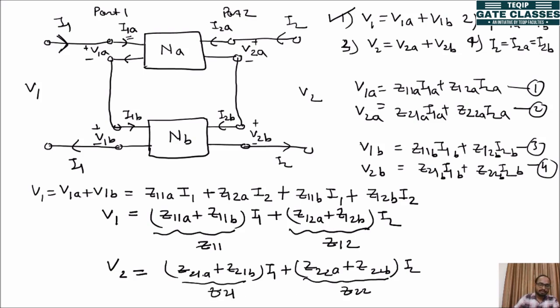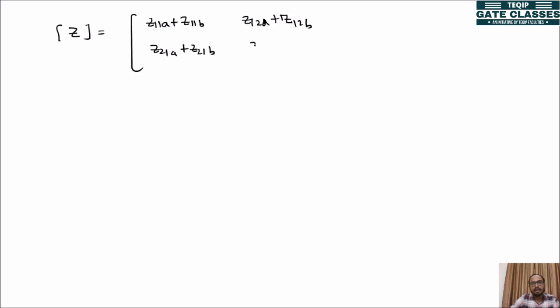So you can see that all the Z parameters are adding up here for network A and network B. To get the complete Z parameter, you have to just add them separately. All the parameters will add up separately. So we can write here that the Z parameter will be equal to Z11A plus Z11B, Z12A plus Z12B, Z21A plus Z21B, and Z22A plus Z22B.